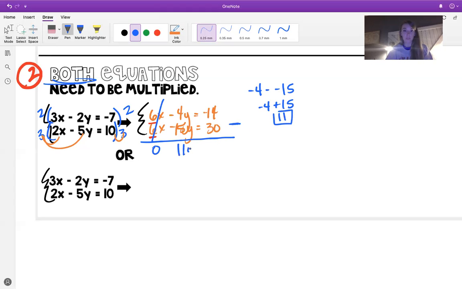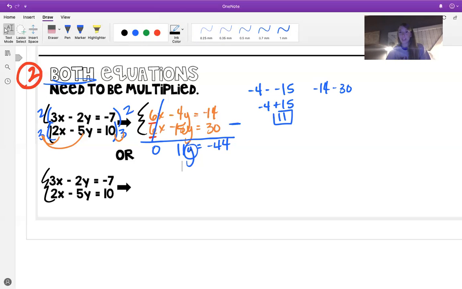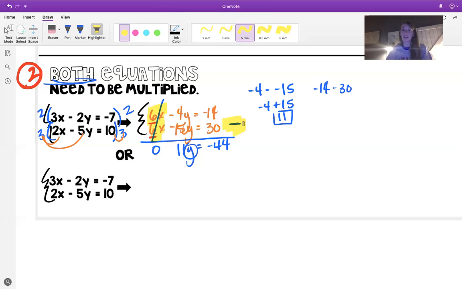So that would be 11y equals, that's a negative 14 minus 30, so that would be a negative 44. And then you're set up to solve for y. You can see that because these coefficients matched up, we were able to subtract them from each other in order to eliminate them.